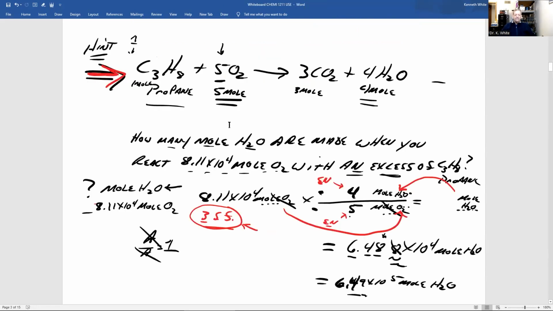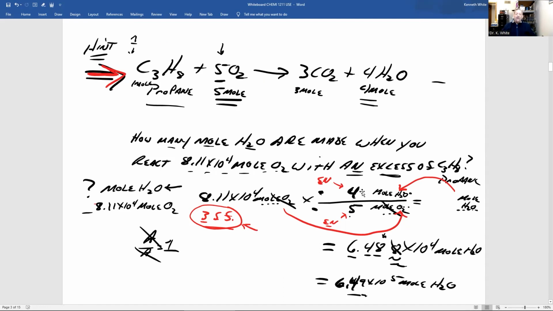And here, in this chemical reaction, 1 mole of propane reacts with 5 moles of oxygen. The coefficient 5 tells you it's 5 moles to make 3 moles of CO2. The 3 tells you 3 moles of that. And the 4 tells you you make 4 moles of water.